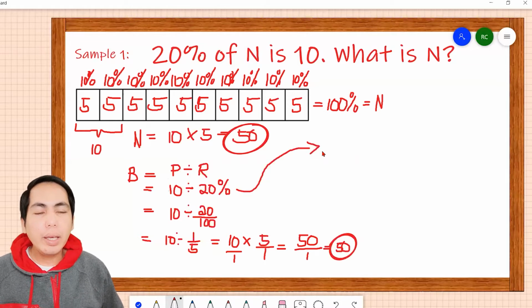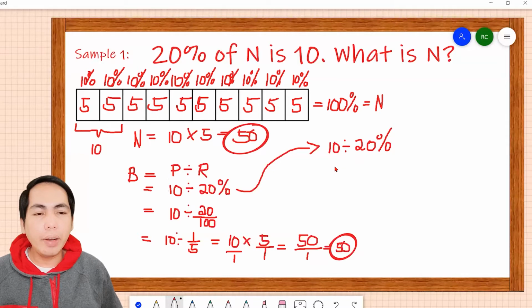Or, we can also change our percent into decimal form. So, 10 divided by 20%. And 20% is equivalent to 20 over 100 in fraction form, or in decimal form, that is 0.2. So, since we know that in dividing decimals, we have to make sure that our divisor is a whole number before we can divide the given numbers.